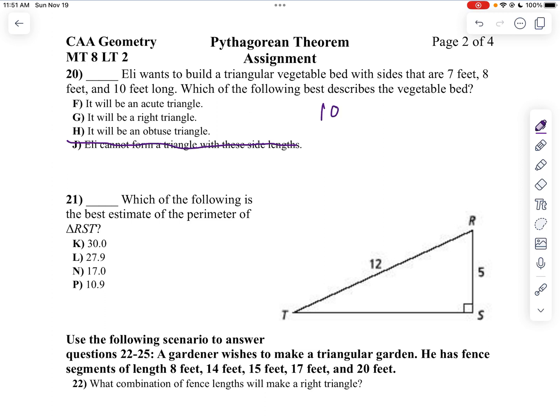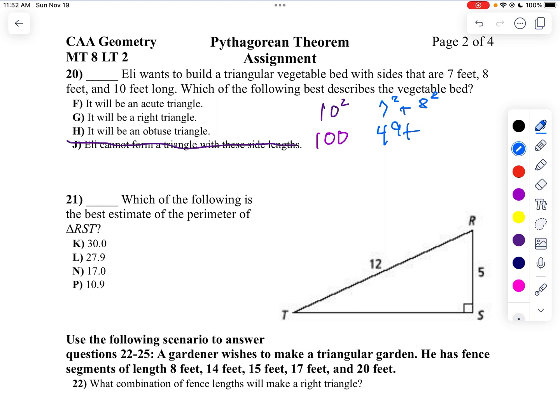I want to compare 10 squared with 7 squared plus 8 squared. Well, 10 squared is 100. And then 7 squared is 49, and 8 squared is 64.